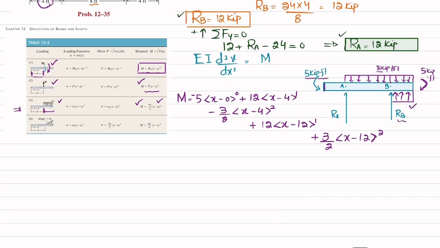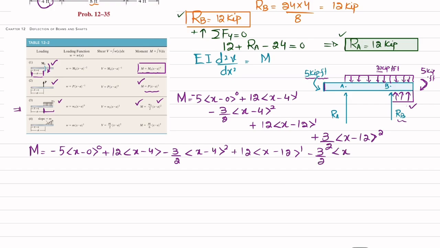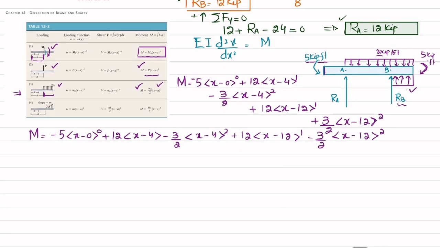So the moment equation will be like this: minus 5 into x minus 0 power 0 plus 12 into x minus 4 minus 3 divided by 2 into x minus 4 whole square plus 12 into x minus 12 power 1 minus 3 over 2 into x minus 12 whole square. So this is the main equation. If you have learned this, the problem solution is very easy.